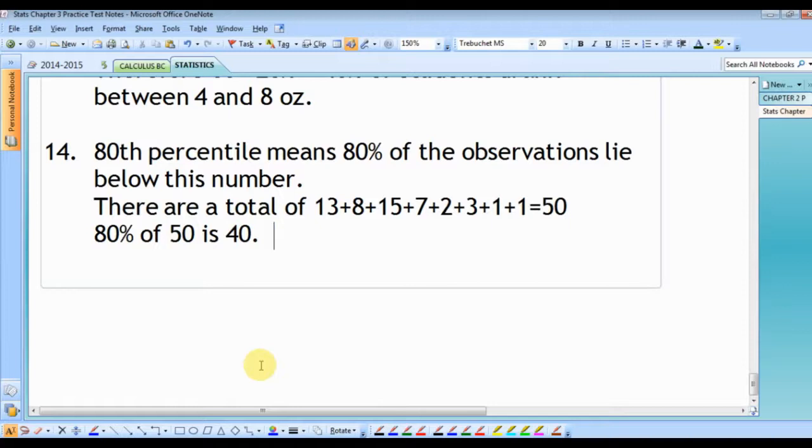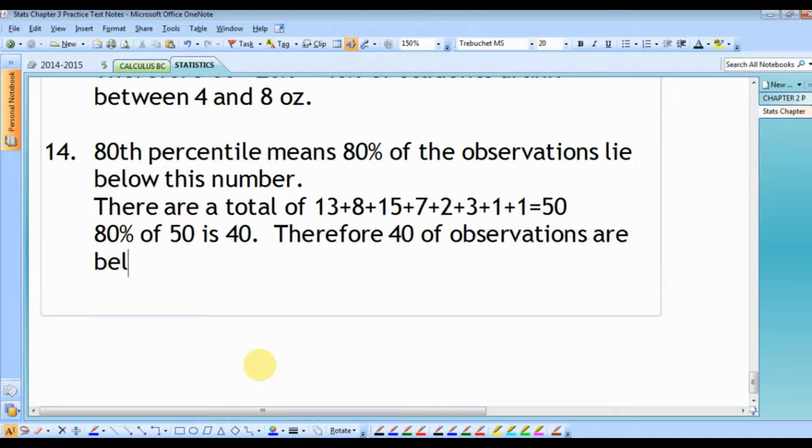That means 40 of the observations are below the 80th percentile. Tough question. So where would 40 observations be below which number?